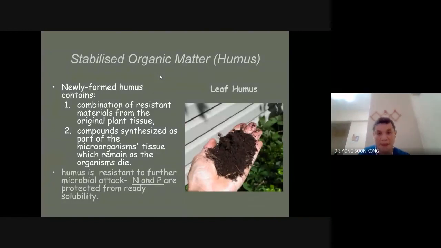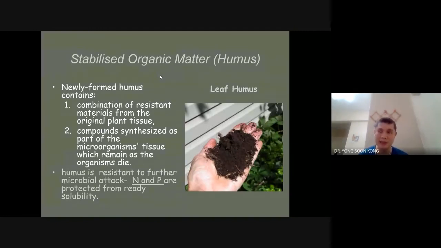But here's the thing, in humus there is still nutrient. So don't think that humus has no nutrient. They still have nutrient. The only difference is that these nutrients are harder to break down, harder to be released. Why? Because in humus, they still have a component called lignin.